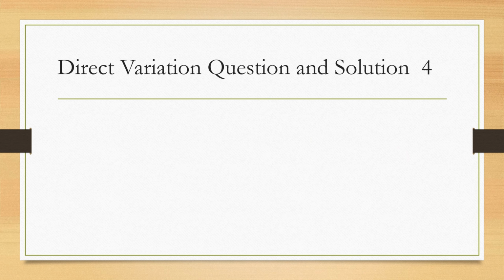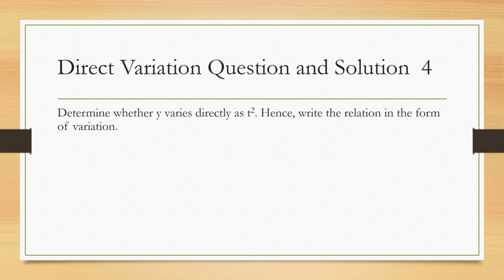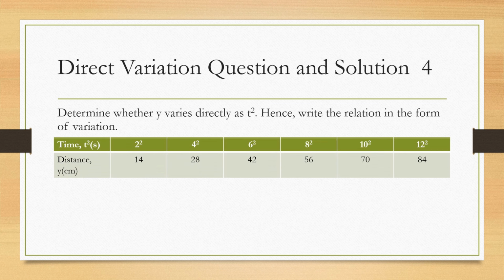So for direct variation question and solution 4, determine whether y varies directly as t exponent 2, and write the relation in the form of variation. So this is the question we need to do. As usual, y over t power 2.